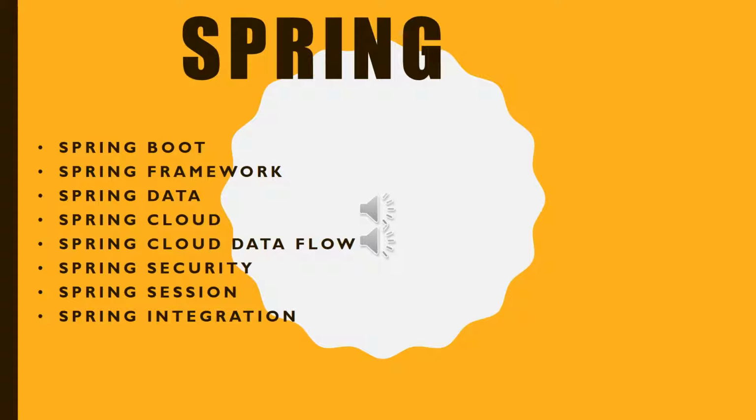And what is Spring Cloud Data Flow? As the name itself says, it's a toolkit for building data integration and real-time data processing pipelines. What is a pipeline? A pipeline consists of Spring Boot apps built using the Spring Cloud Stream or Spring Cloud Task microservice frameworks.